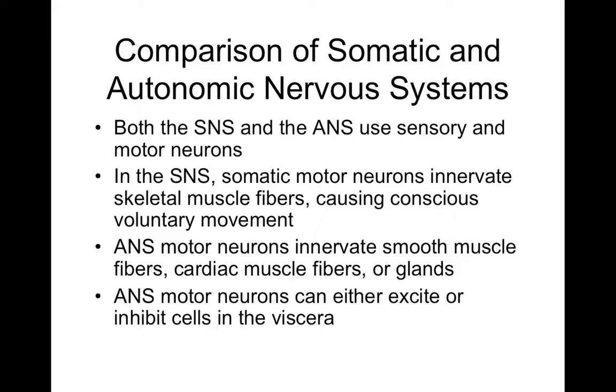You can't actually inhibit skeletal muscle from contracting peripherally. Okay, that differs from the autonomic nervous system because your ANS can excite or inhibit these muscles and glands. So it's actually more regulated. Like you don't only just turn things on, you can also have neurons that are active and actually will act to turn off smooth muscle, cardiac muscle, and glands, which is actually pretty cool.